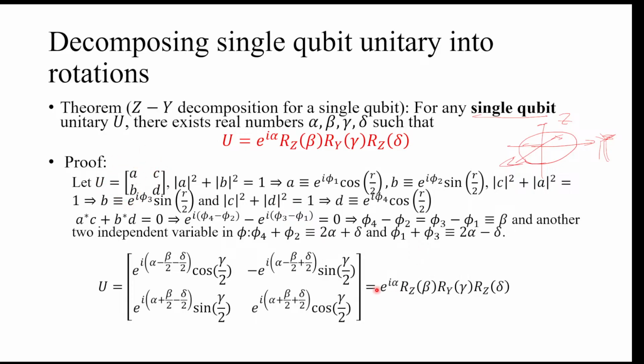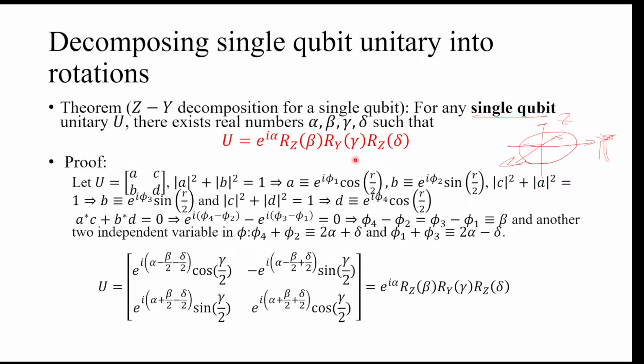Here we have 4 independent real variables, and we start with 4 complex numbers, so actually 8 variables, but we use 4 constraints. So we ended up with 4 here. So 8 equals 4 plus 4, the number of variables checks out. And that's our starting point.